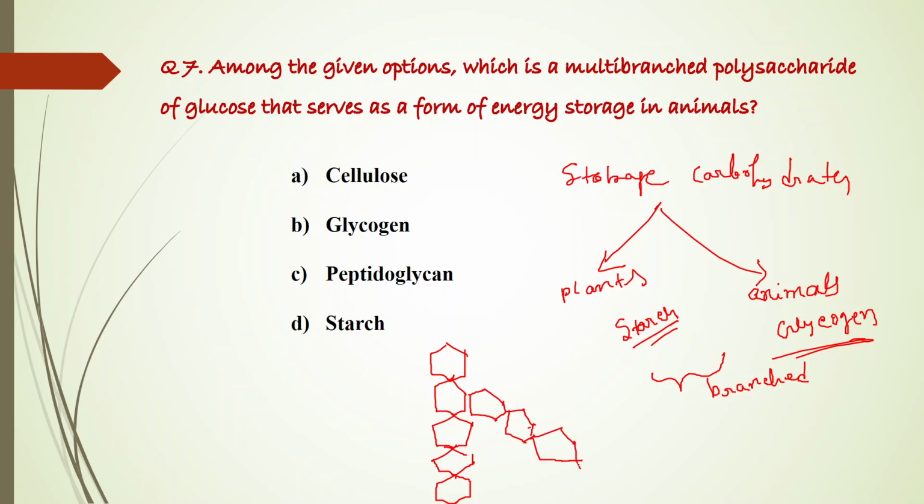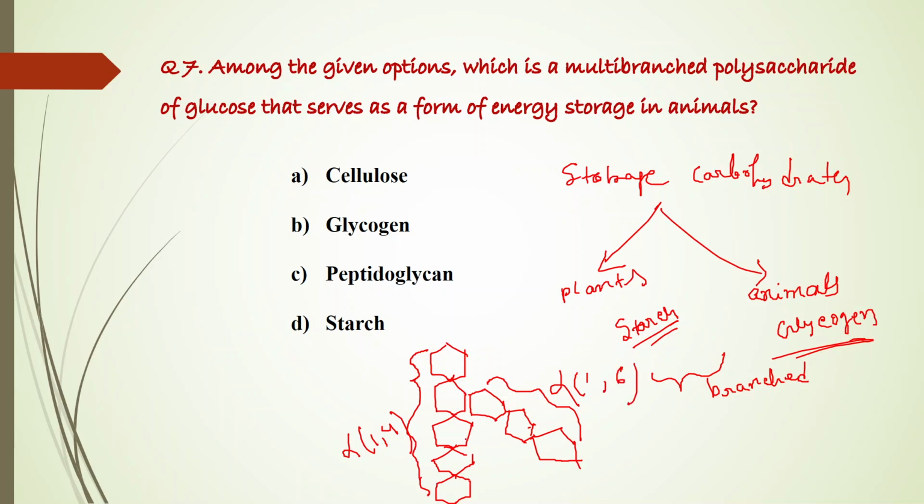Now in both starch and glycogen, you will have this branching. The linkage between the monosaccharides is alpha 1,4 in both cases, and for the branching units the linkage is alpha 1,6 between the monosaccharides.